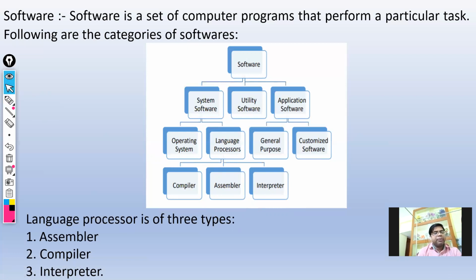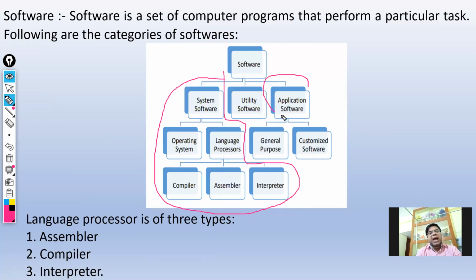Now I will be discussing application software. Already this part I have discussed. Now, what is application software? Application software is a computer program that is designed to perform a certain type of work.